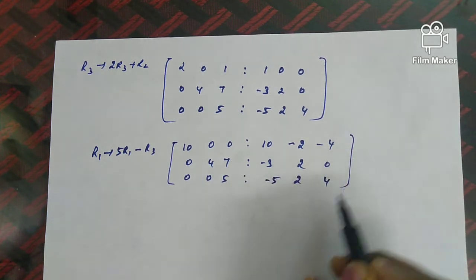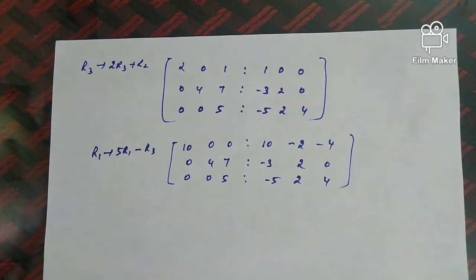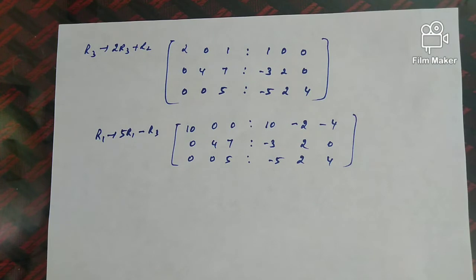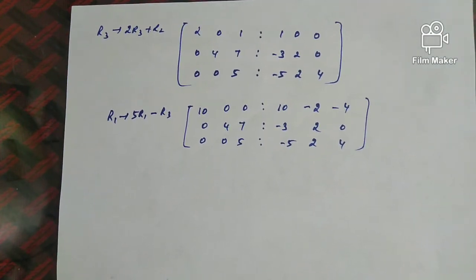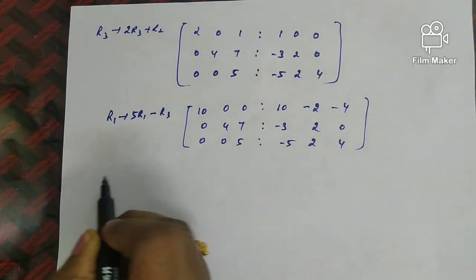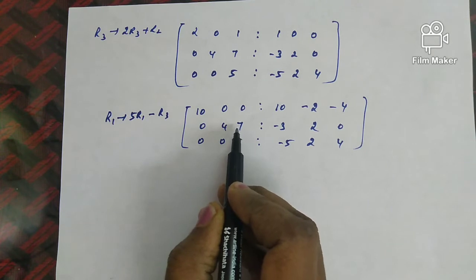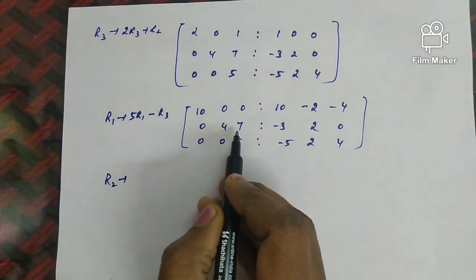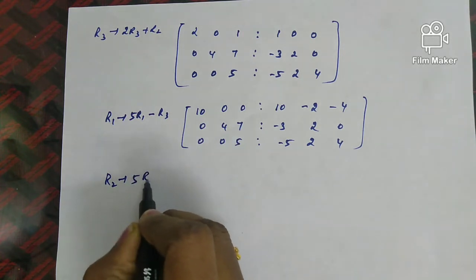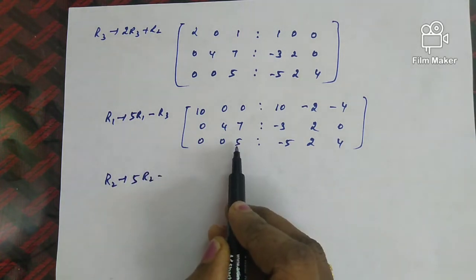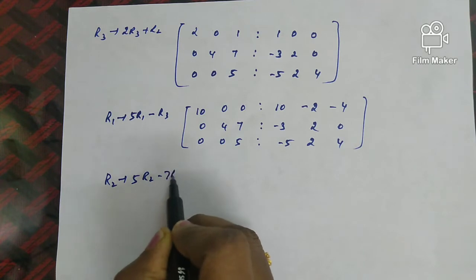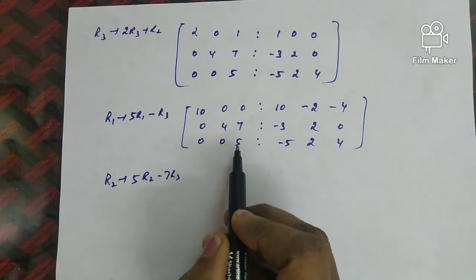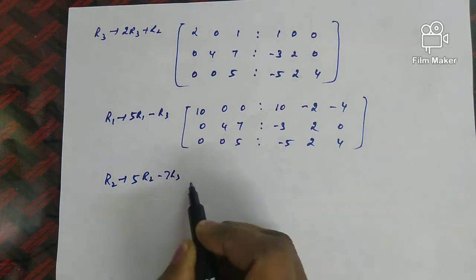Now look at this matrix. In all the places it becomes 0 except A23, and for that place we are supposed to make 0. This is R2, so we multiply this place by 5: 5R2 minus 7R3. So 5 sevens and 7 fives, we can make it 0.